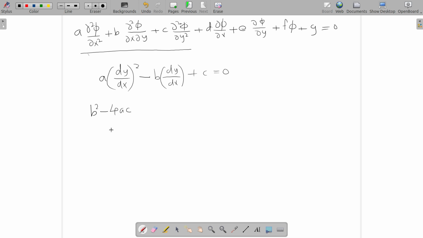We know that if b square minus 4ac is greater than 0, if this is positive, you have two real characteristics.